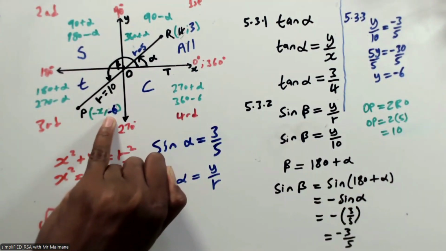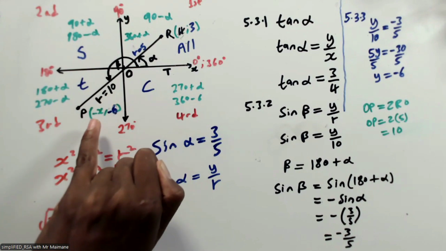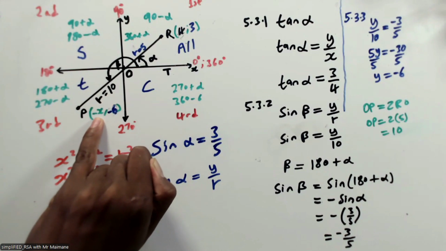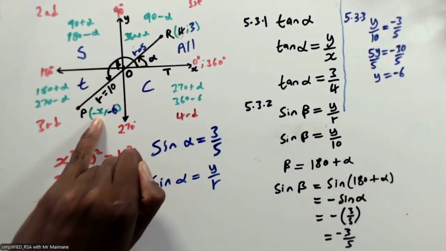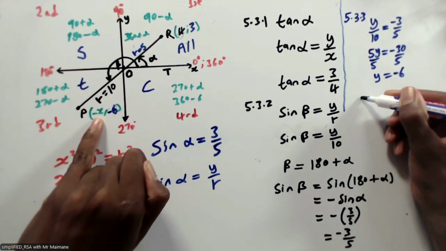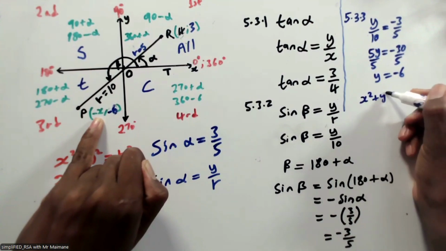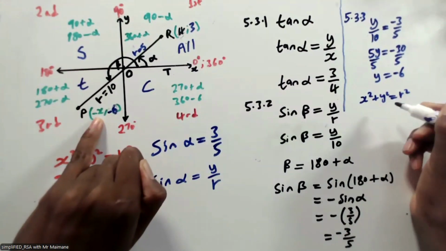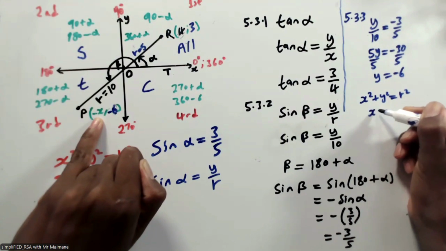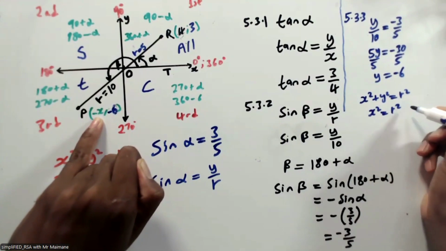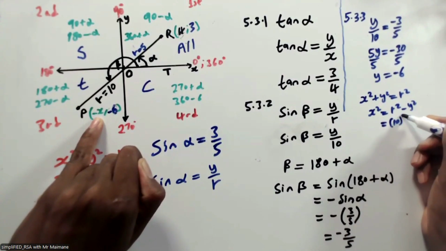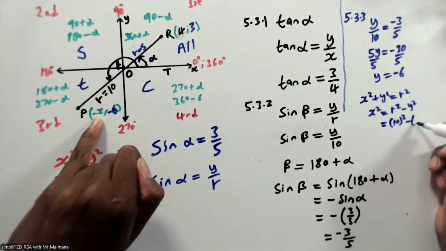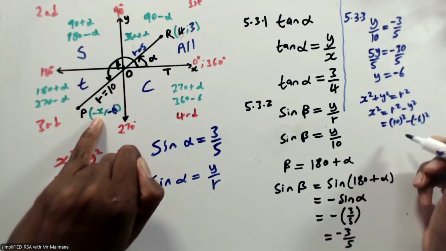If I know the value of y, and I have the value of r, then I can get the value of x again using Pythagoras' theorem. So x squared plus y squared is equal to r squared. Therefore, x squared is going to be r squared minus y squared. So that is 10 squared minus minus 6 squared.